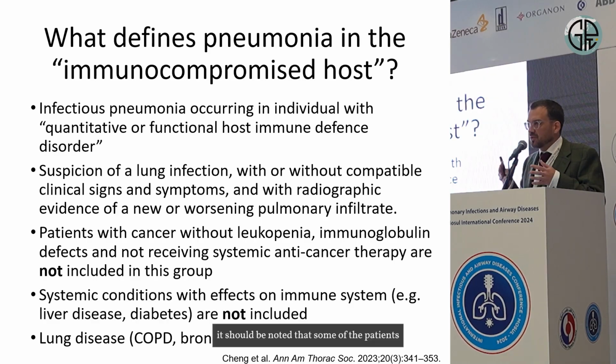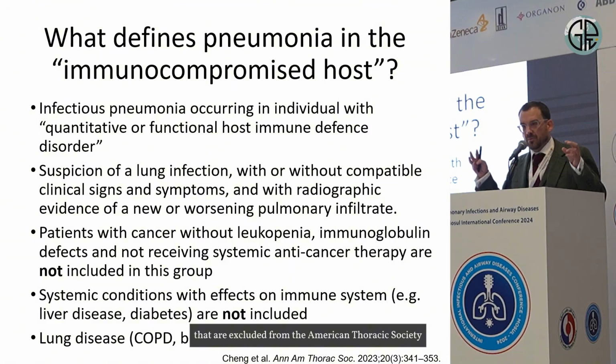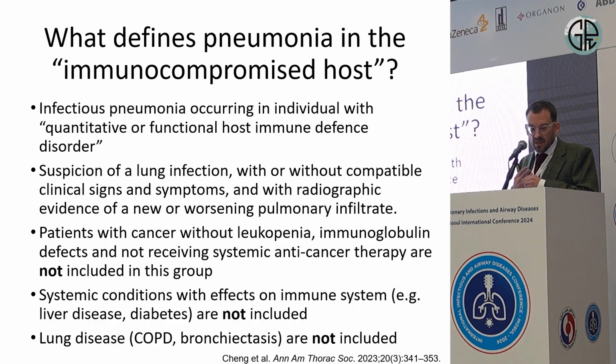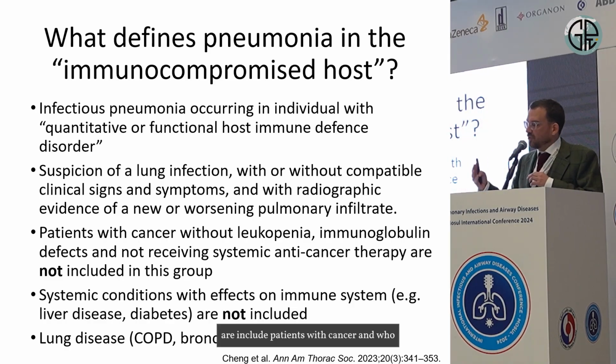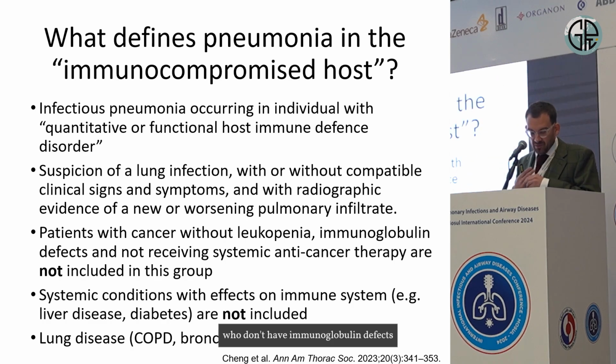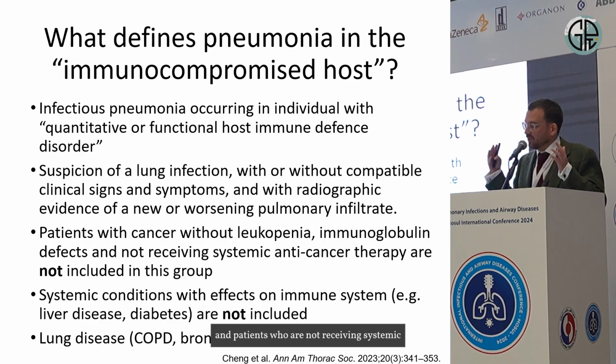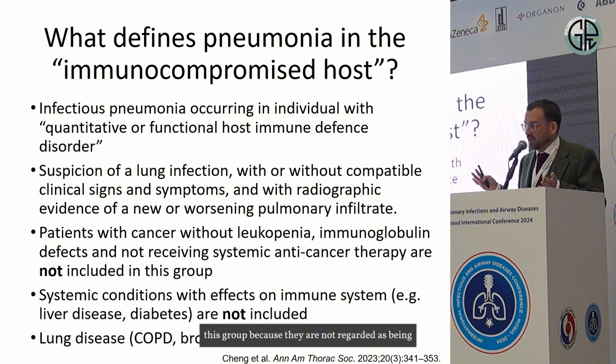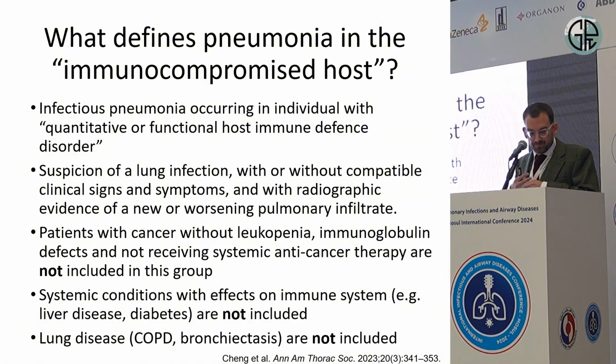It should be noted that some of the patients that are excluded from the American Thoracic Society definition include patients with cancer who don't have profound leukopenia, who don't have immunoglobulin defects, and patients who are not receiving systemic anti-cancer therapy. So they're not included within this group because they are not regarded as being immunocompromised enough.